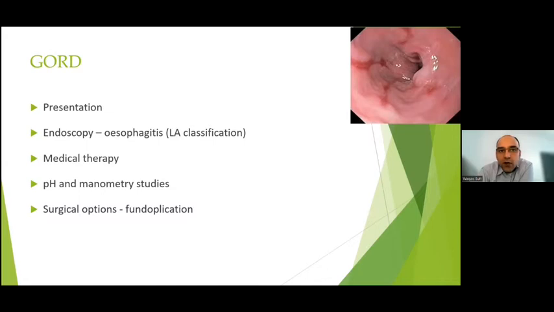So the Chicago classification then tells you whether the patient has achalasia, what type of achalasia, or whether they have nutcracker esophagus or jackhammer esophagus. So just to keep in mind that there is something known as Chicago classification, which helps us diagnose the motility disorders of the esophagus based on manometric studies.